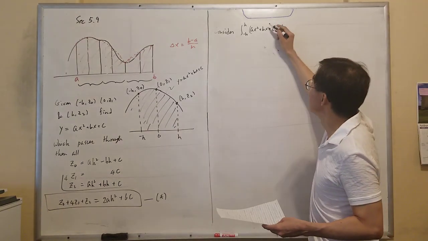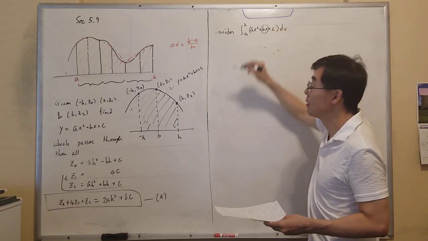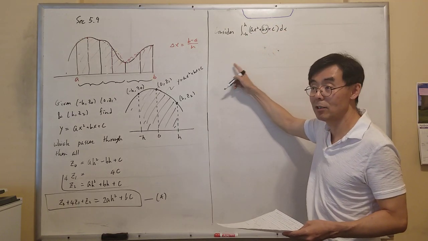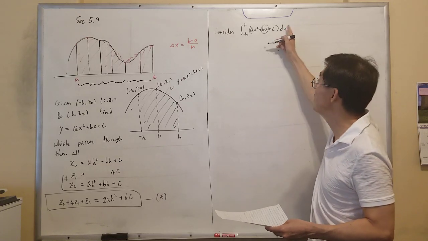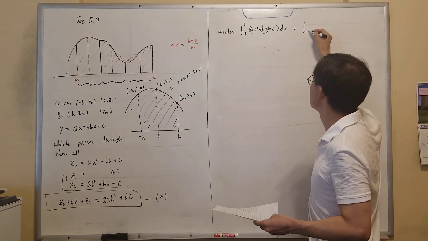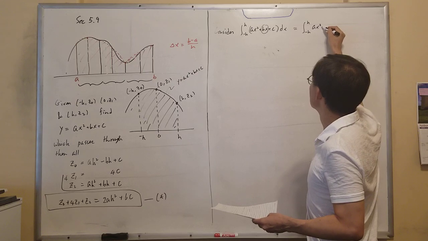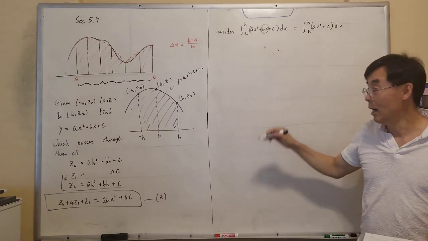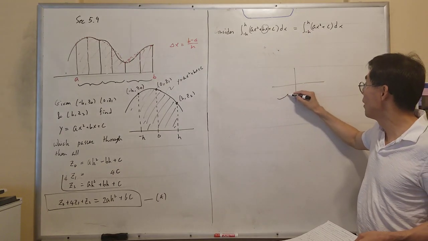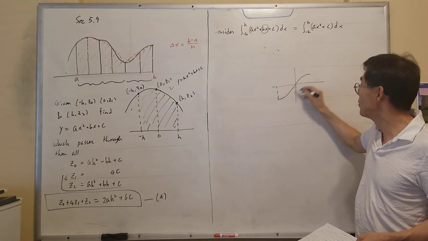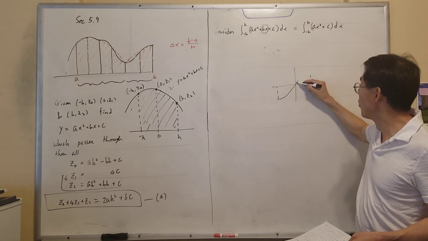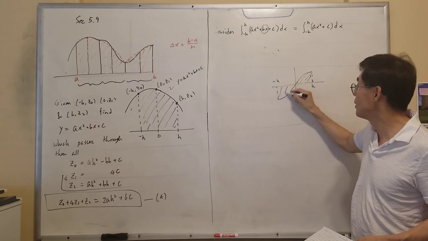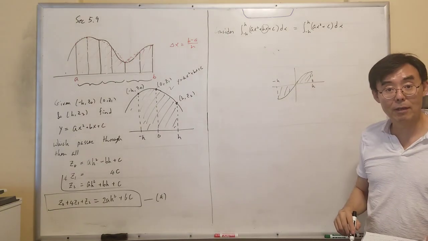First of all, bx is an odd function. An odd function's integral over the symmetric interval from minus h to h will be 0. Odd function means you have origin symmetry. Up here, down here, they cancel, so definitely it will be 0.